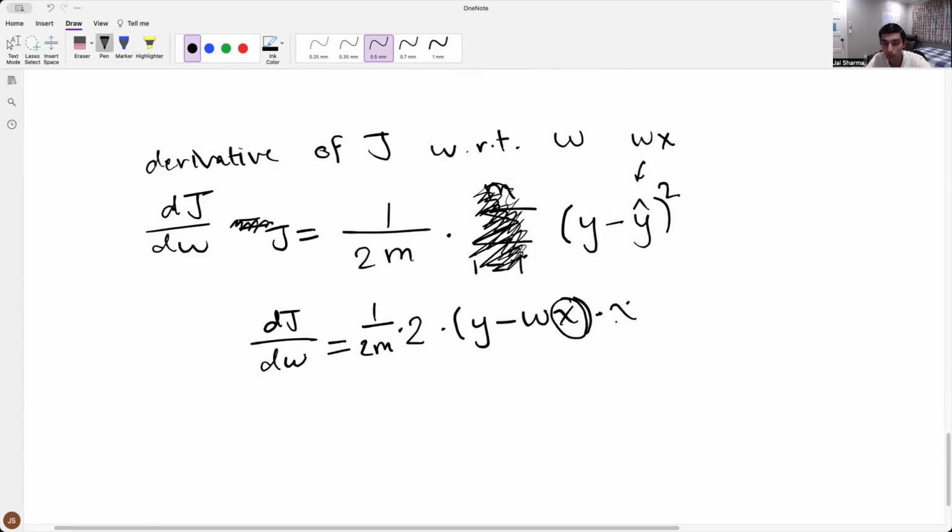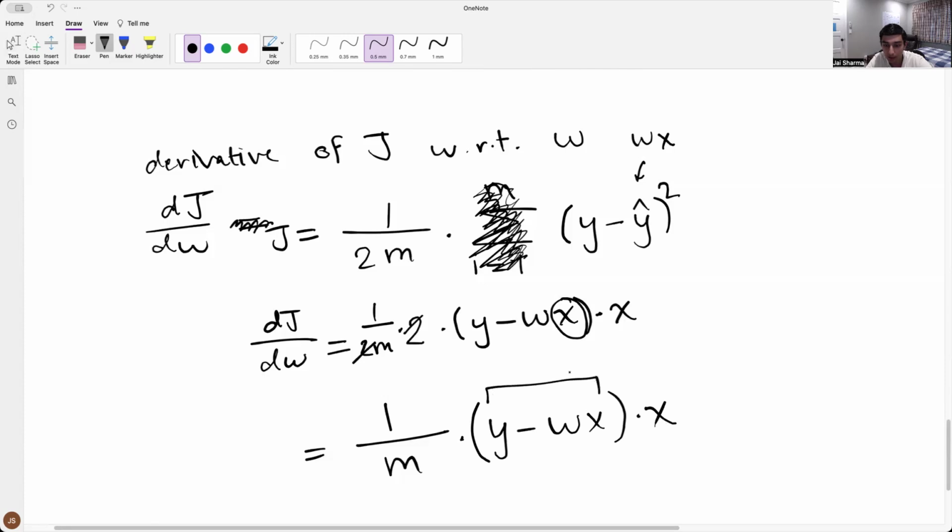And that's the chain rule. And so the 2 would cancel out over here, and we would get 1 over m times y minus Wx times x. And if you think about it, this was sort of the error.